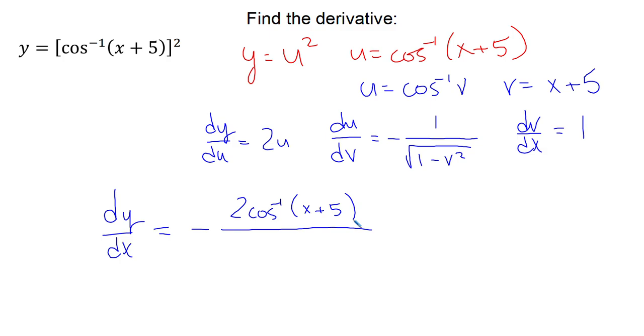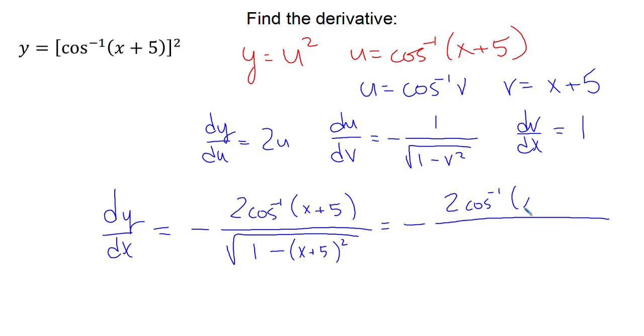And then in the denominator, we have the square root of 1 minus v squared. Well, v is x plus 5 squared. So it'd be nice to expand that out, since then we can have some terms that we can combine together. So we'll end up with negative, and then still 2 inverse cosine of x plus 5.